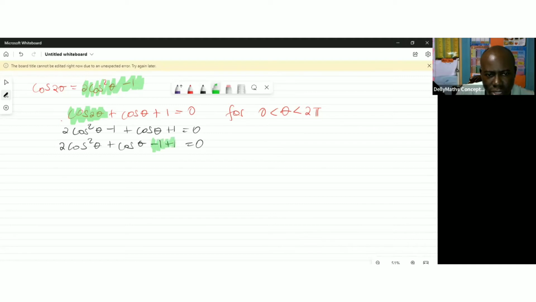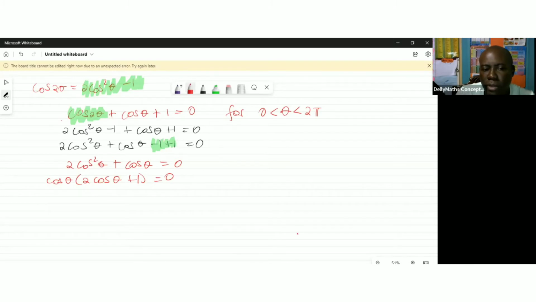This becomes 0. So in the final response, we have 2 cos square theta plus cos theta is equal to 0. We're going to factorize out cos theta. So we'll have cos theta times 2 cos theta plus 1, which is equal to 0.